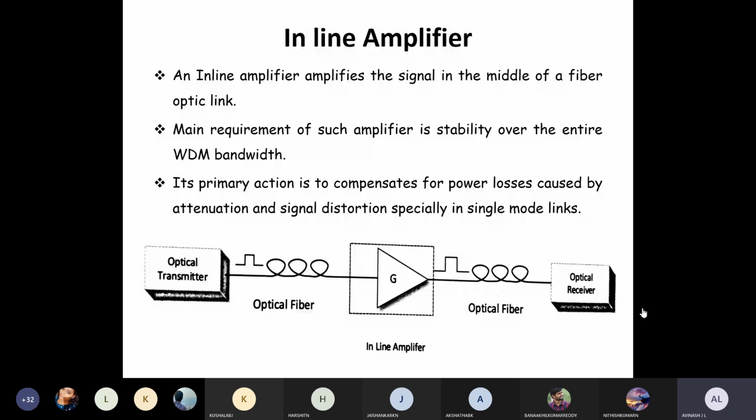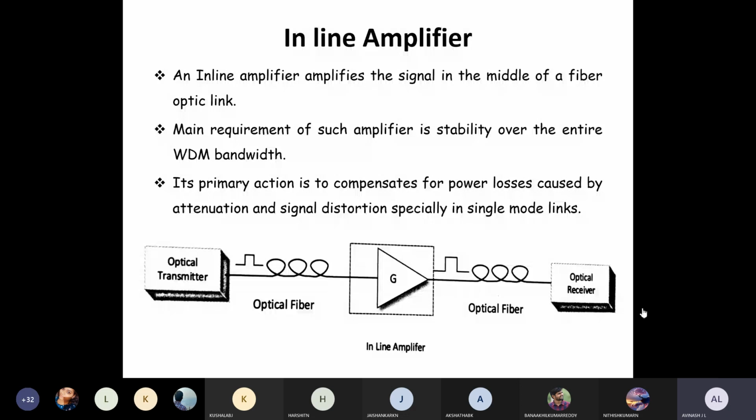The main purpose of any amplifier is to compensate the power losses. Why are we using the amplifier? Because we need to increase the signal strength. Why do we need to increase it? Because there is a loss of signal strength. To compensate for that loss, we use the amplifier. That is very simple.